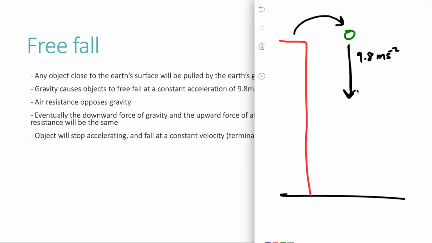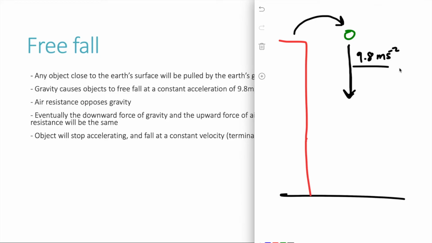But what tends to happen is that the acceleration starts to slow down over time. In a perfect world with no resistance, it'll just accelerate at a constant rate of 9.8 forever, pretty much, until it hits the ground. But the reality is not like that, where we have air.